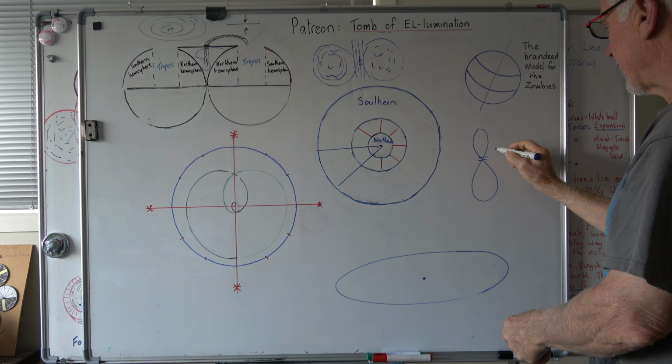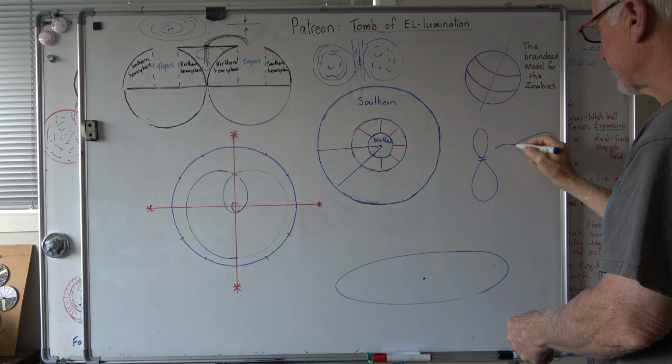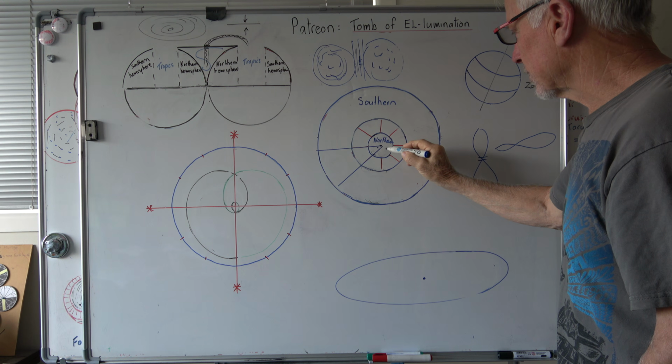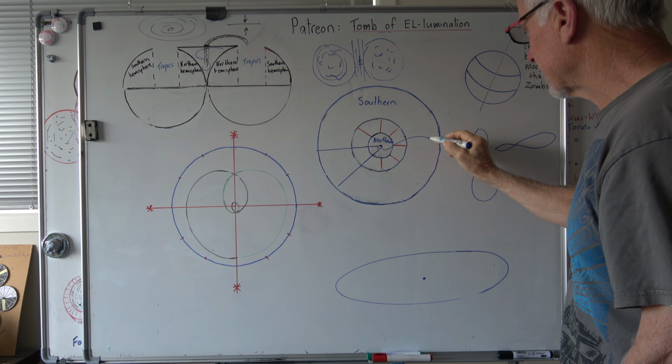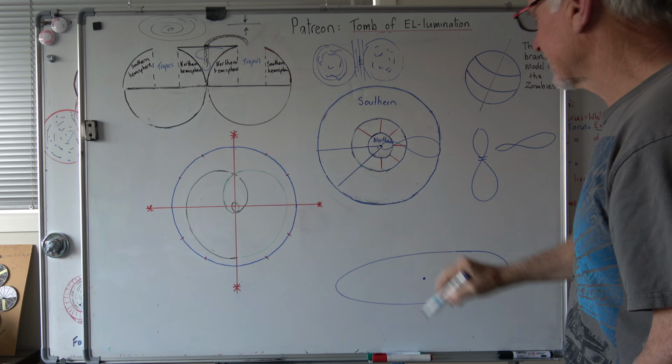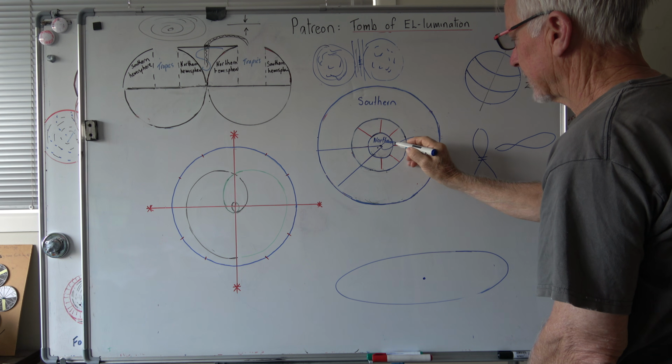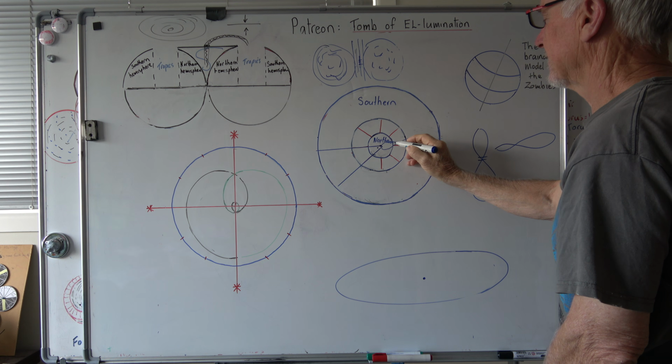So if you lay that out, big southern hemisphere, there's little northern hemisphere. See, little northern hemisphere, there's your big southern hemisphere. That crossover point's basically up here near Cancer.